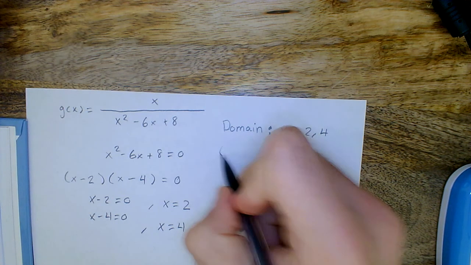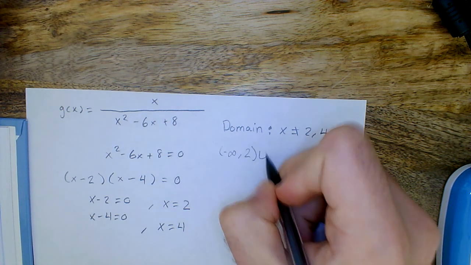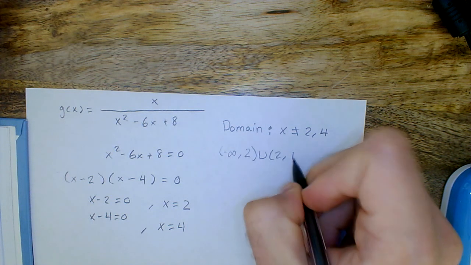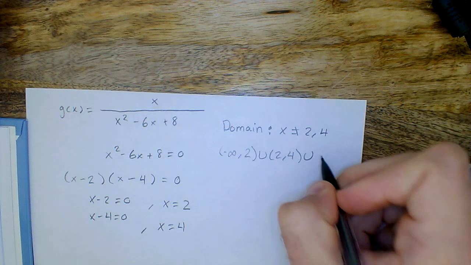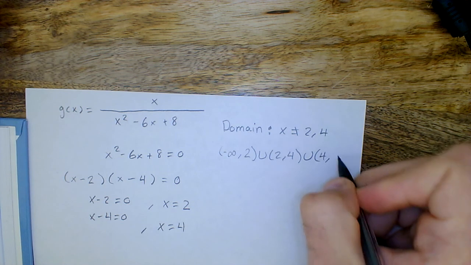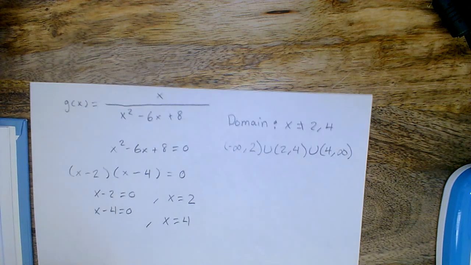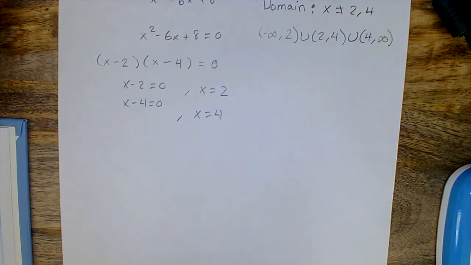You can also write that as negative infinity to 2, exclude it, 2 to 4, exclude, and 4 to infinity, exclude.